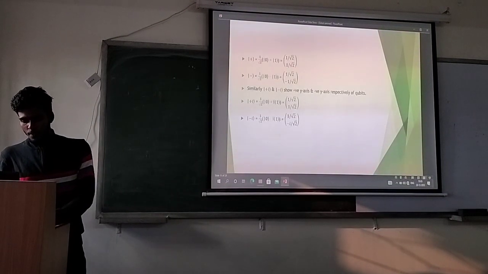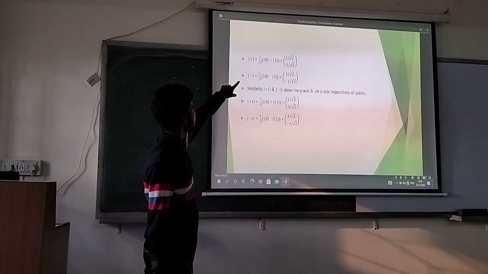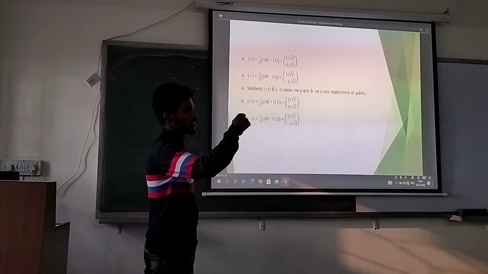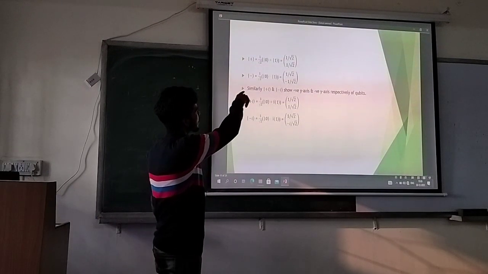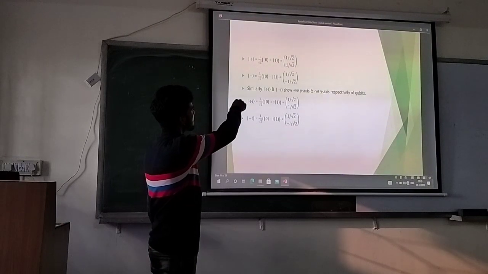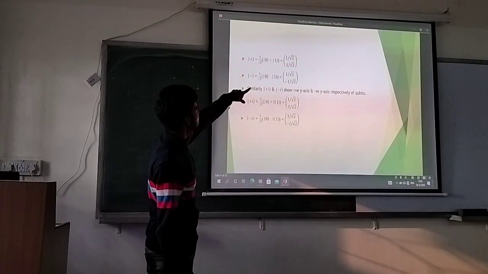In matrix form, plus equals 1 by root 2 times the 0 state plus the 1 state. The 0 state we already know is 1 0, and the 1 state is 0 1. By adding and applying the 1 by root 2 normalization factor, we get 1 by root 2, 1 by root 2.